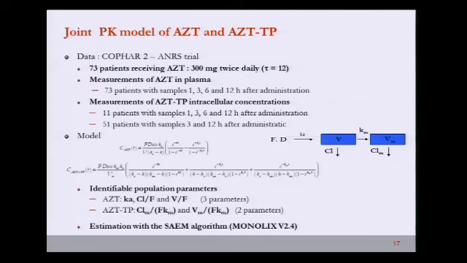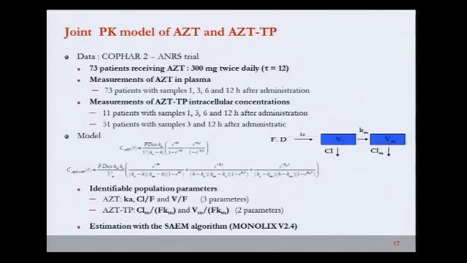We were lucky because in this trial we had 73 patients receiving this drug twice daily, so tau, the interval between two doses, is 12 hours. We had measurements of AZT in plasma at 4 different times after drug administration, but we also had AZTTP intracellular concentration measured. In 11 patients we had 4 samples per patient, but in most patients we had only 2 samples.